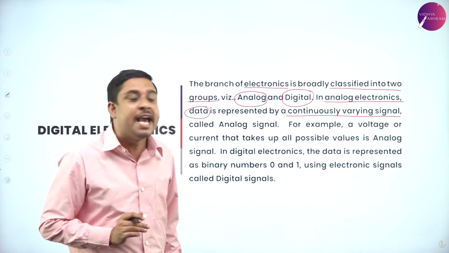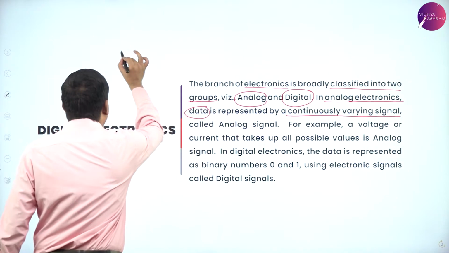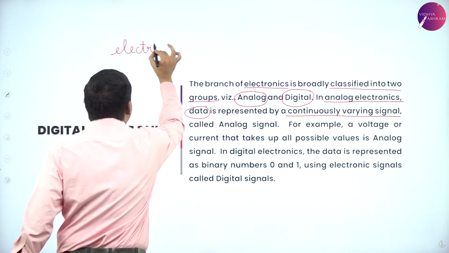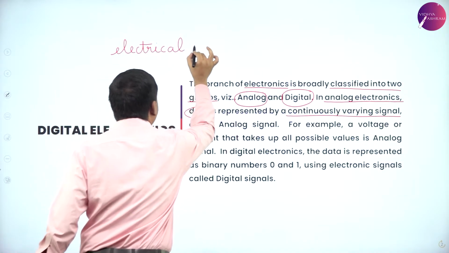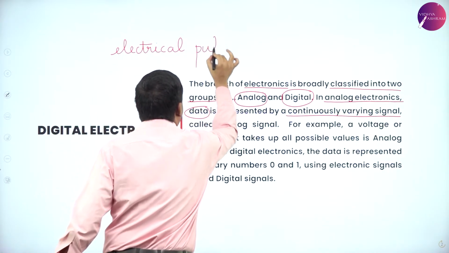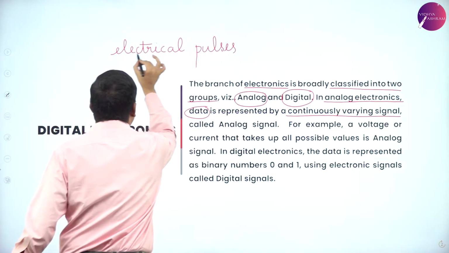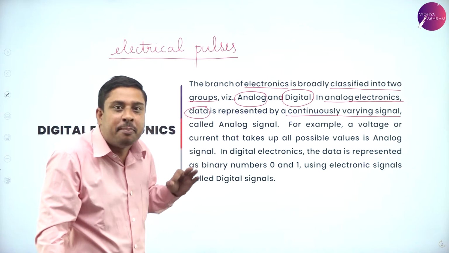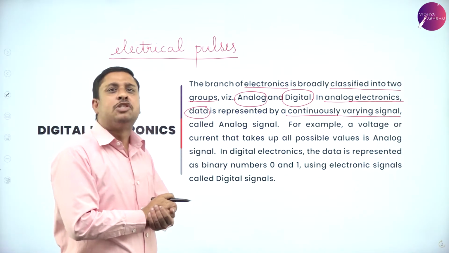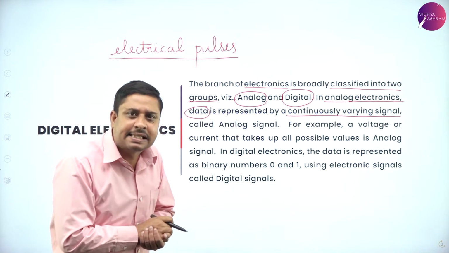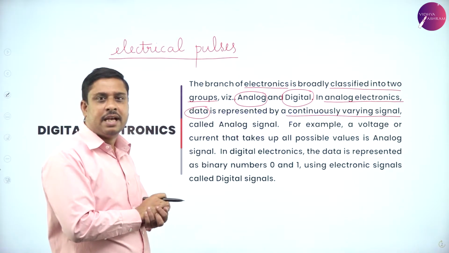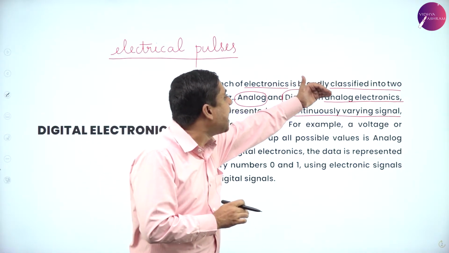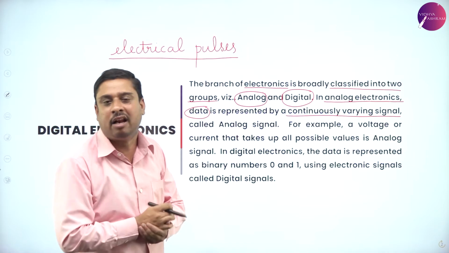Continuously varying signals, we call them electrical pulses. So in analog electronics, data or information is always represented in terms of continuously varying signal.